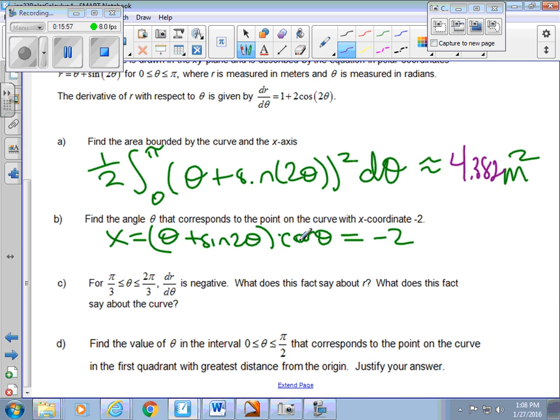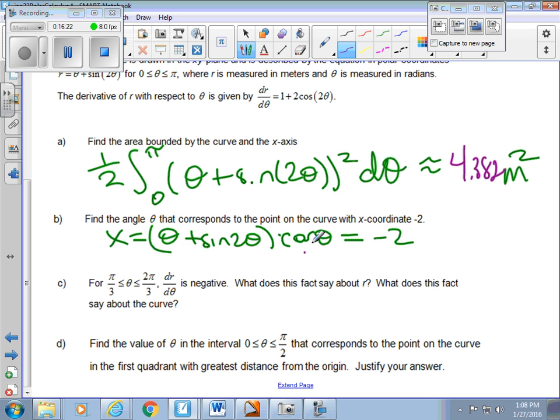This is a calculator problem. How do you solve this in your calculator? You could do solve. Now, if you do solve, it will tell you many more answers than necessary. I would probably recommend the graphing screen. What kind of coordinate system do you use to find intersections? Regular coordinates, rectangular, function mode.